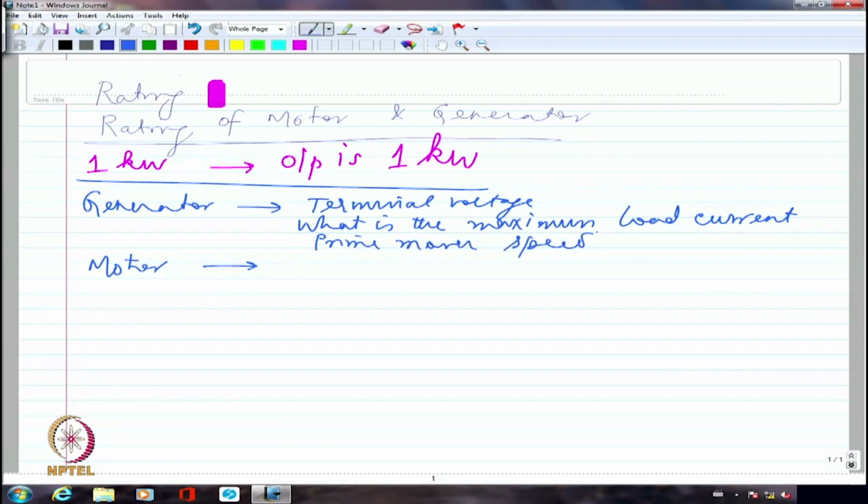Corresponding to that prime mover speed and a rated field current, I will be able to generate the rated open circuit voltage, which will be slightly higher than the terminal voltage. The terminal voltage is 220. Maybe the open circuit voltage can be as high as 230. Slightly higher.